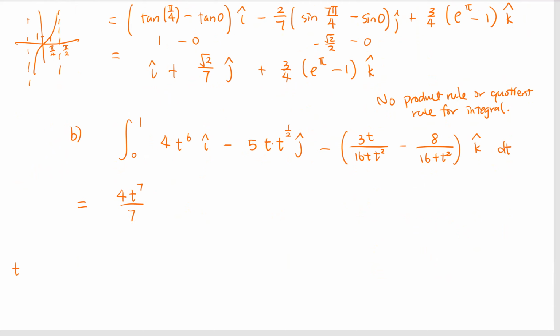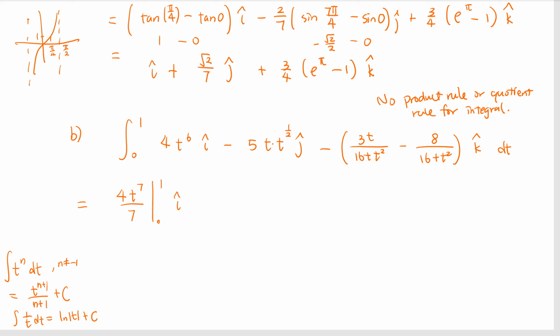So keep in mind, the integral of t to the n is t to the n plus 1 over n plus 1, plus c, when n does not equal -1, because the integral of 1 over t is just ln of absolute value of t plus c. And then evaluate from 0 to 1.